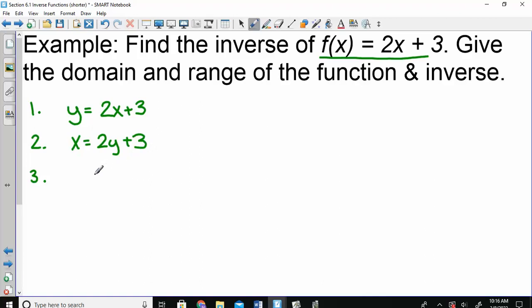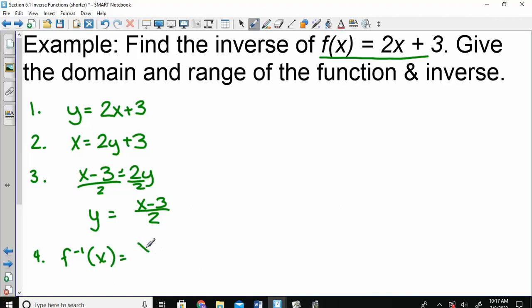So if I'm trying to get my y by itself, what would we do? Subtract the 3 over and divide by 2. So we get y equals x minus 3 over 2. And then final step, instead of y, what do I want you to write? That's the first one. So that is my inverse.